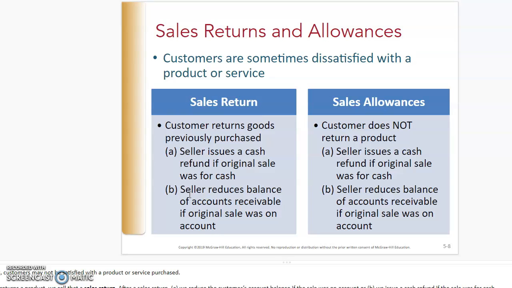Okay, this is a sales allowance. The same thing happens if they have a sales allowance in the books as if they actually return the product. The seller issues a cash refund if it was originally a cash sale. They reduce the amount of accounts receivable if it was on account.